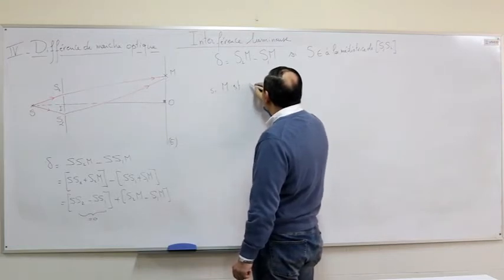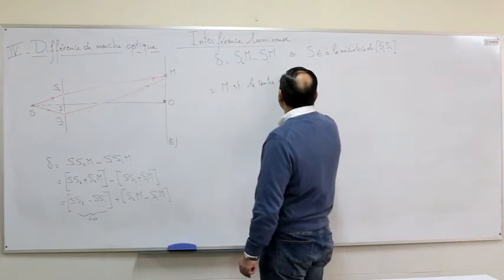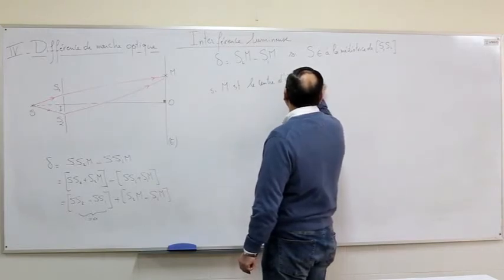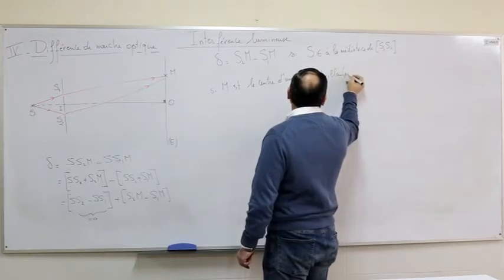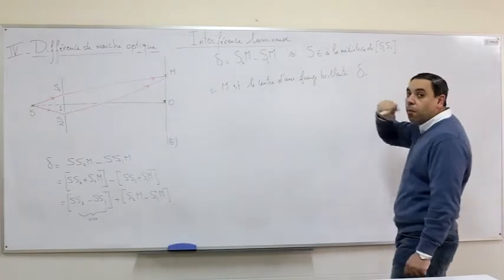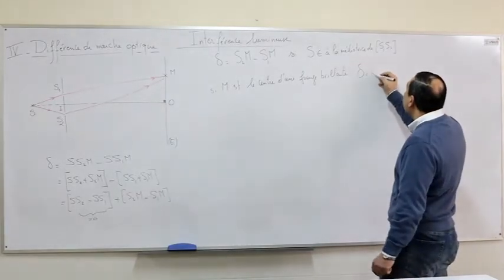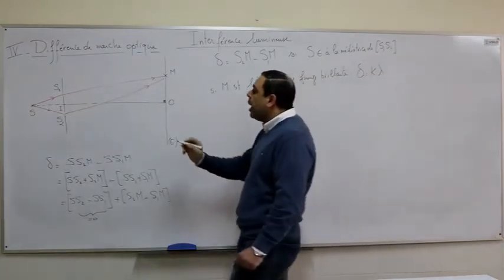If M is the center of a bright fringe, the optical path difference at point M is a multiple of lambda. Lambda is the wavelength of the laser light.